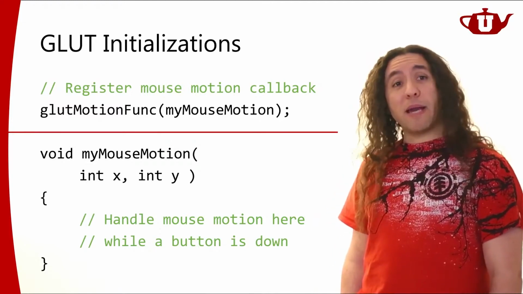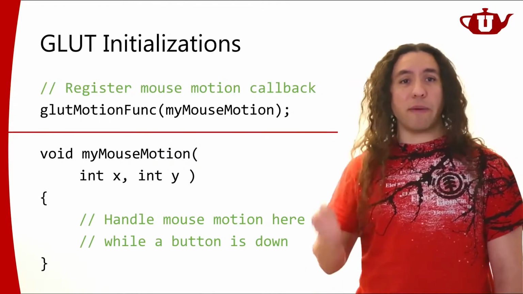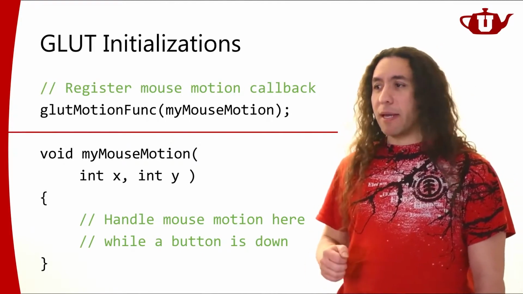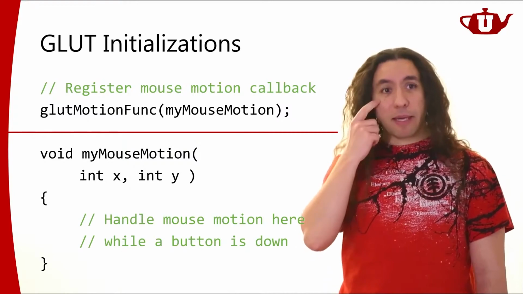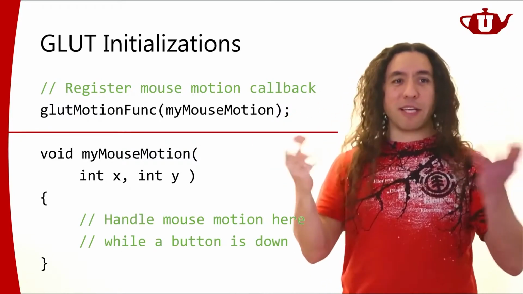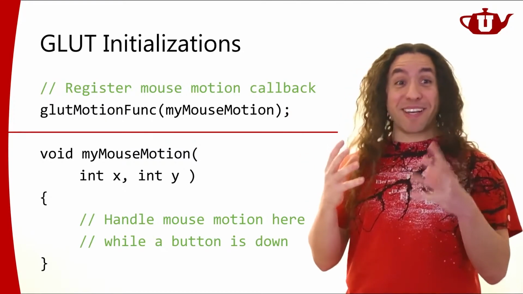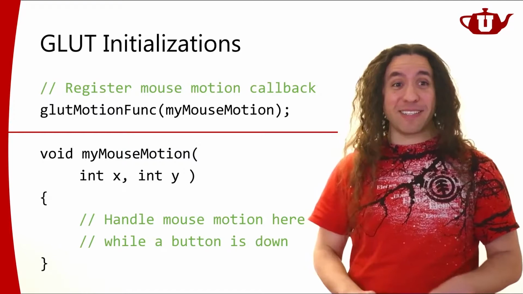But if you want to be able to do things as the user is moving the cursor around, for example, you want to select something and your mouse pointer goes on top of something, and you want to change the rendering such that, I don't know, I have a teapot on my scene and the teapot changes color because your mouse pointer is right over it, right? Hovering over it.